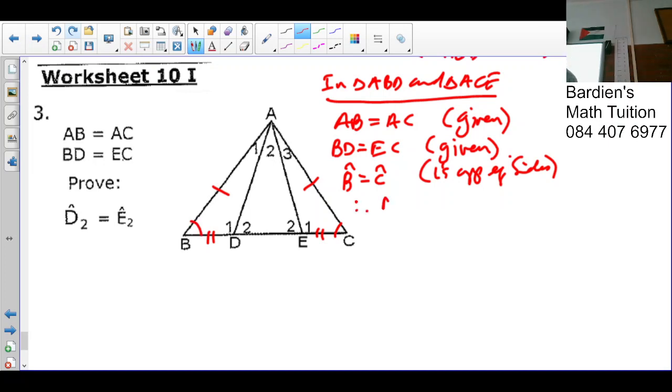Therefore, triangle ABD is congruent to triangle ACE. Why? Side angle side. For this one, it must be the included angle. Is this the included angle? Yes.